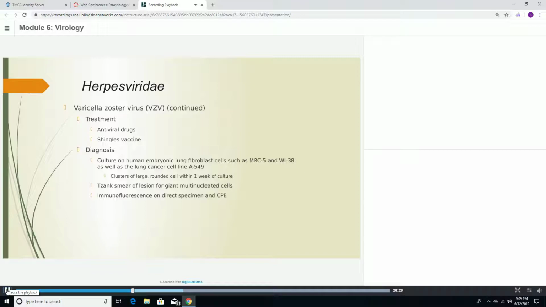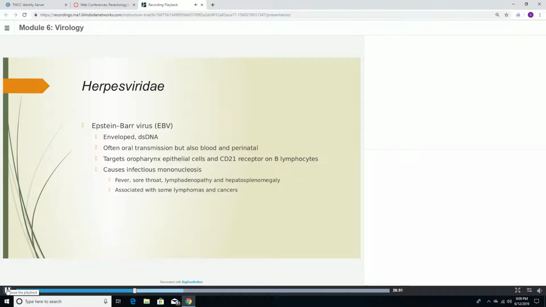For diagnosis, we could do a culture on human embryonic lung fibroblast cells, and we could also do an immunofluorescence on a direct specimen from CPE. Again, most of the time a doctor could just look at a patient and know they have chickenpox or shingles, but we could also do other testing, like antibody testing or immunofluorescence.